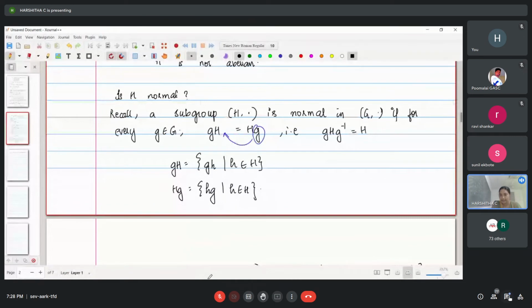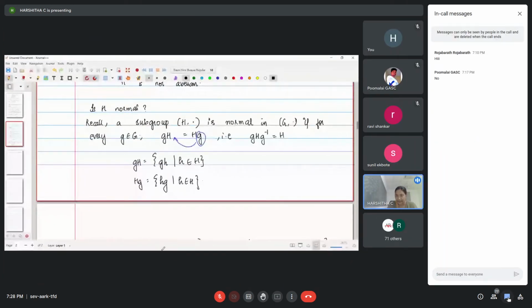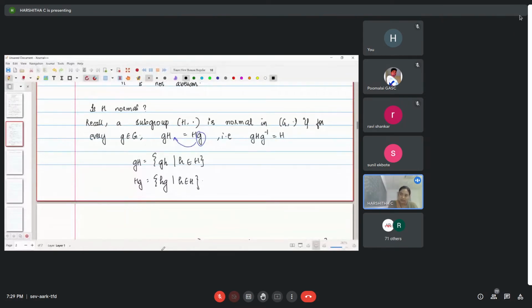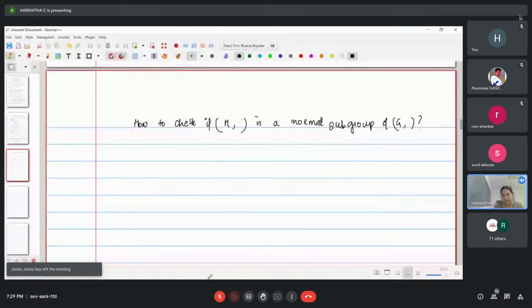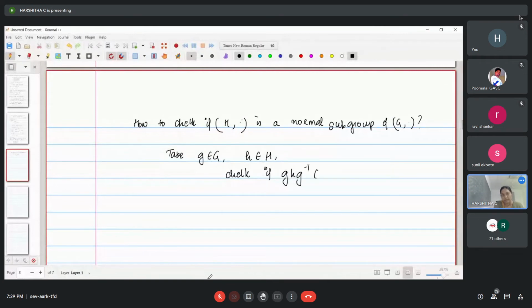You take any element g in the bigger group and you multiply it with some element of H, you get back an element of H. So what you can do is take a random element in G and an element in H and just check if ghg inverse belongs to H, right?